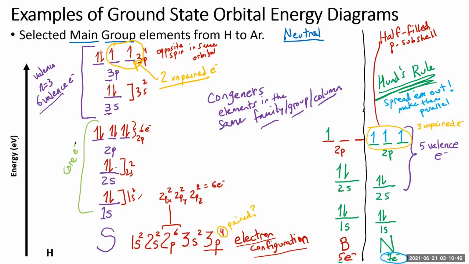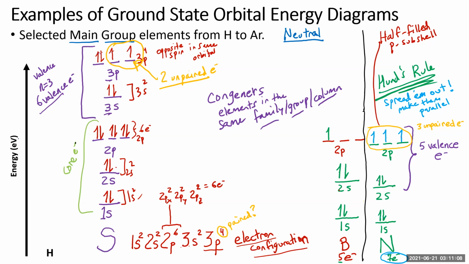That's going to be in part 2 of this video, where we're going to talk about the d block elements and how we represent their orbital energy diagrams, as well as go into more detail about electron spin, about diamagnetism versus paramagnetism, and a few other concepts.